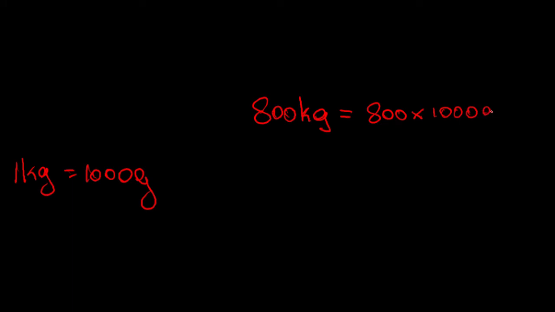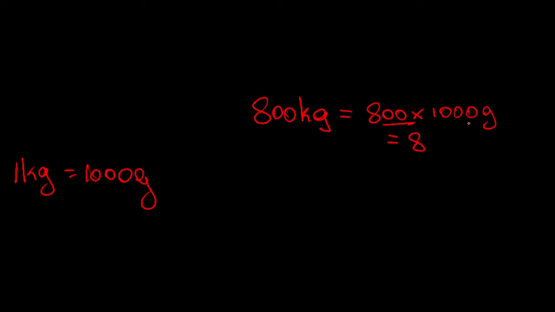Now let's convert 800 kg into grams. So 800 kg. Now again we know that 1 kg is equal to 1000 grams. And then 800 kg will be equal to 800 into 1000 grams, which is, now here we can only multiply 8 into 1, which is 8. Now we should add the zeros.